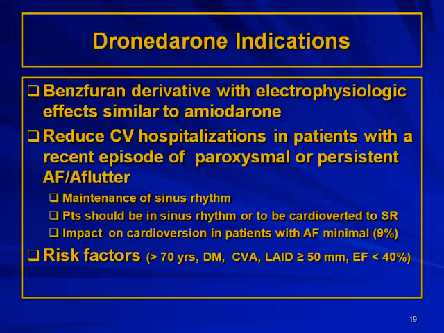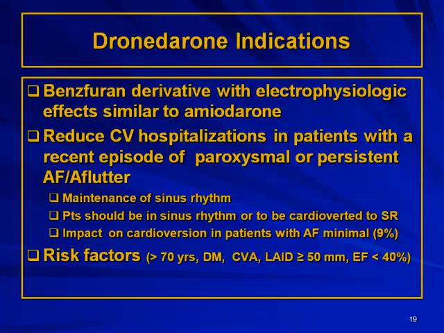So it's really a drug that is being used to maintain sinus rhythm in a patient that's going to be cardioverted from AFib or aflutter or who has been recently cardioverted. There isn't much data looking at how effective dronedarone is in terms of converting atrial fib or flutter. There's one small study where they started amiodarone 7 to 10 days ahead of the time that cardioversion was going to be attempted.